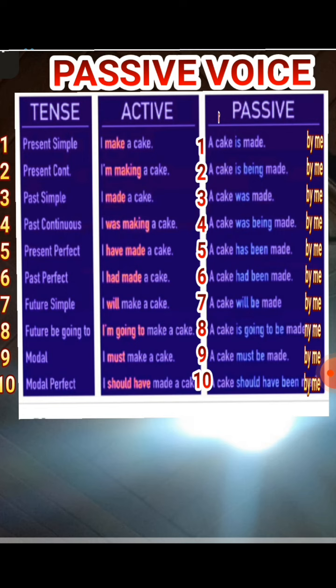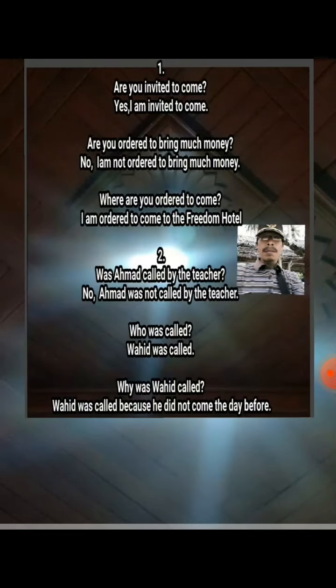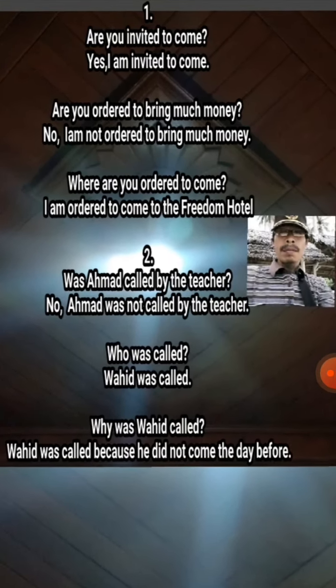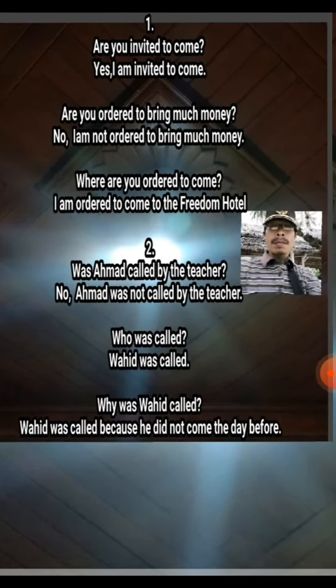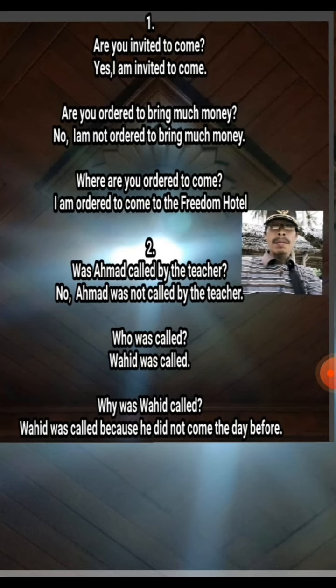For more examples in negative and interrogative, let's look at the following examples. In example number 1, are you invited to come?